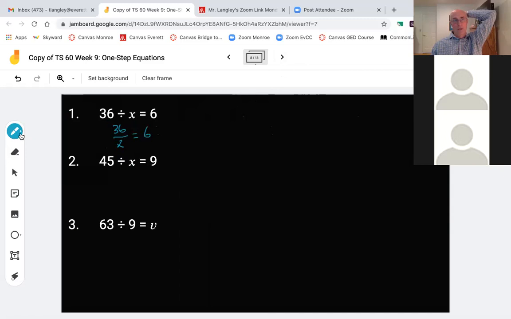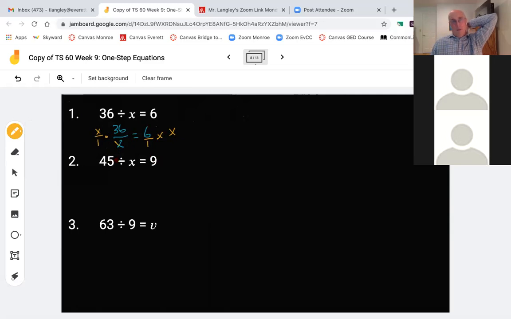And then what I do next, I would go, okay, this one might turn out to be a two-step one. I'm just thinking out loud that if I multiply both sides by x, I get x over 1 times this side, and 6 over 1, or 6 times x on this side.